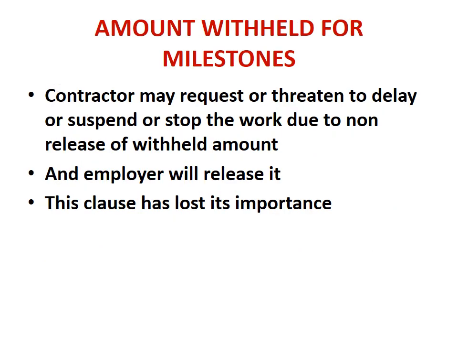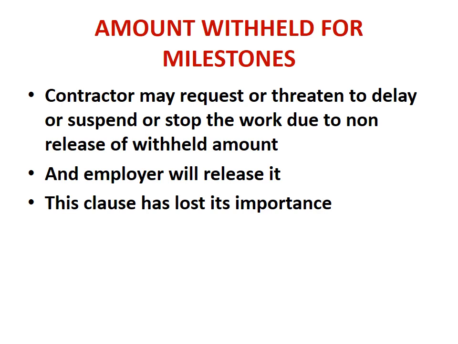Then let us talk about the amount withheld for milestones. Whenever we have milestone provisions, even in other contracts like item rate tender and percentage rate tender, this provision of milestone has not really given benefits. It has not served the purpose for which it was there. Then the contractor may sometimes request or threaten to delay, suspend or stop the work due to non-release of withheld amount.